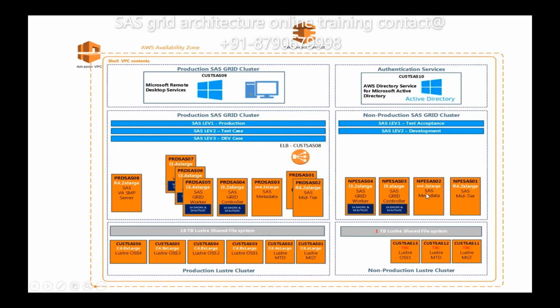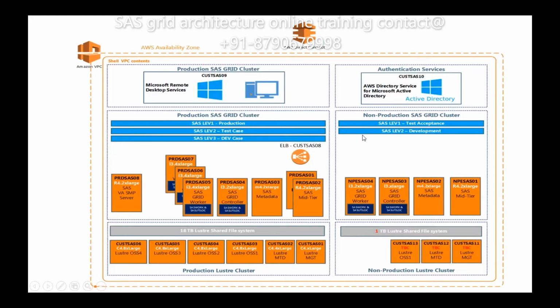In non-production, we have one metadata server, one grid controller, one worker node, and a middle tier, and the file systems are hosted on one Lustre management or metadata node and one Lustre OSS node. As they are doing only development and testing, this architecture is enough for them.